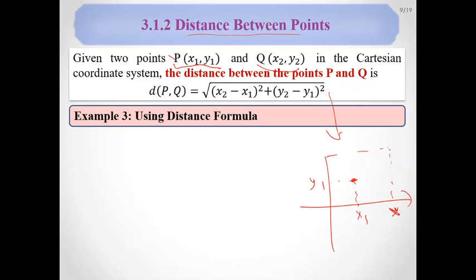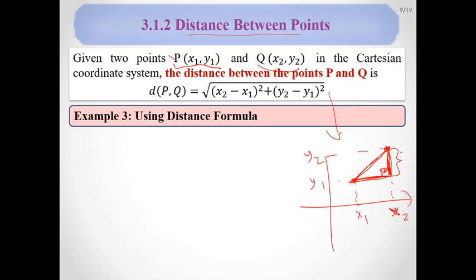So the idea is, what's the distance between them? Now, you can use the right triangle, the Pythagorean theorem here. So if you say this one is, what is this equal to?